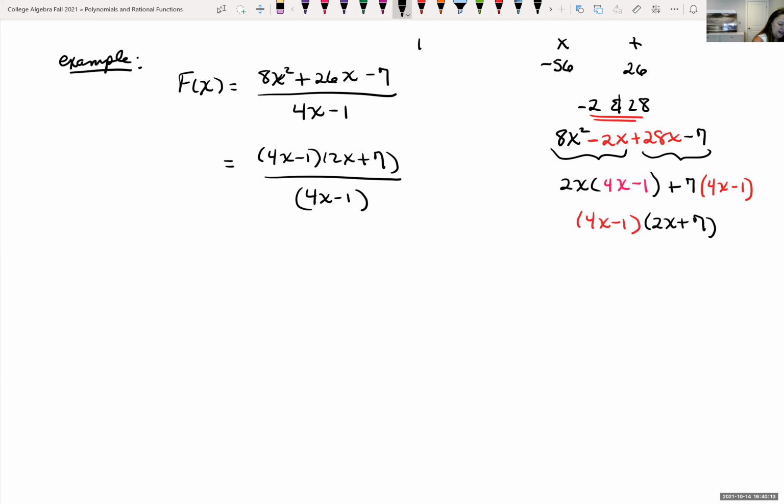So for our domain, x cannot be 1/4. But again, because it sets our denominator equal to 0, we have a hole at this point.